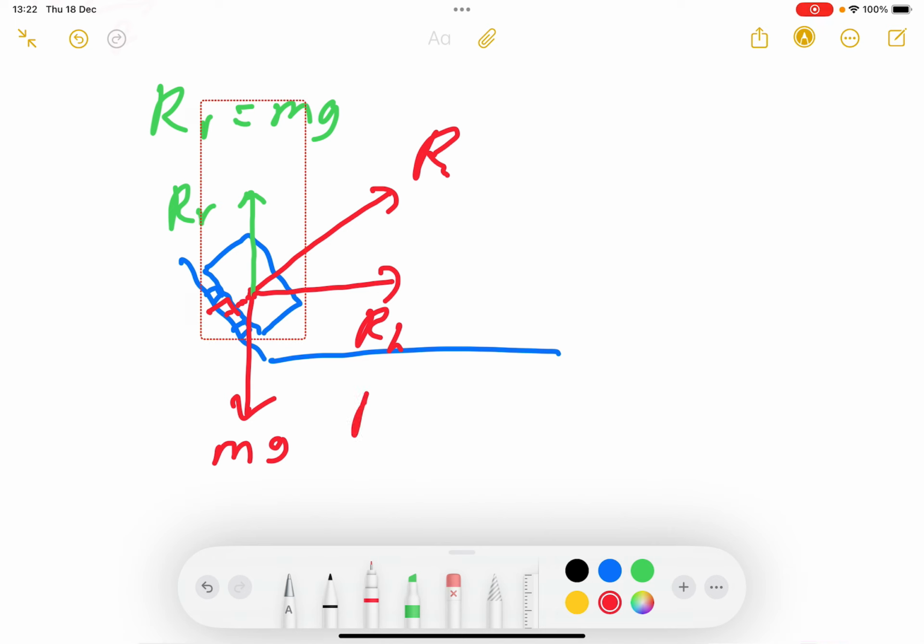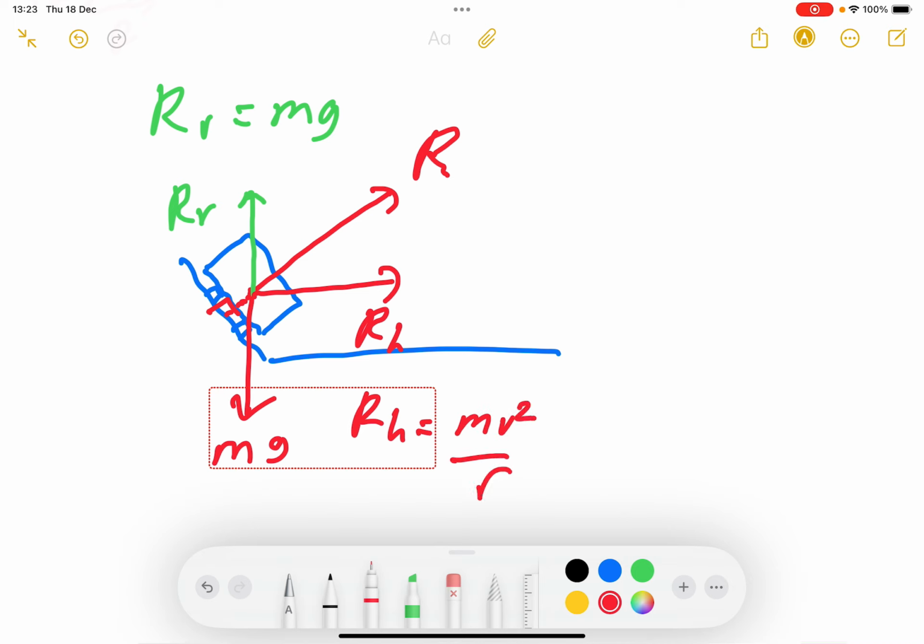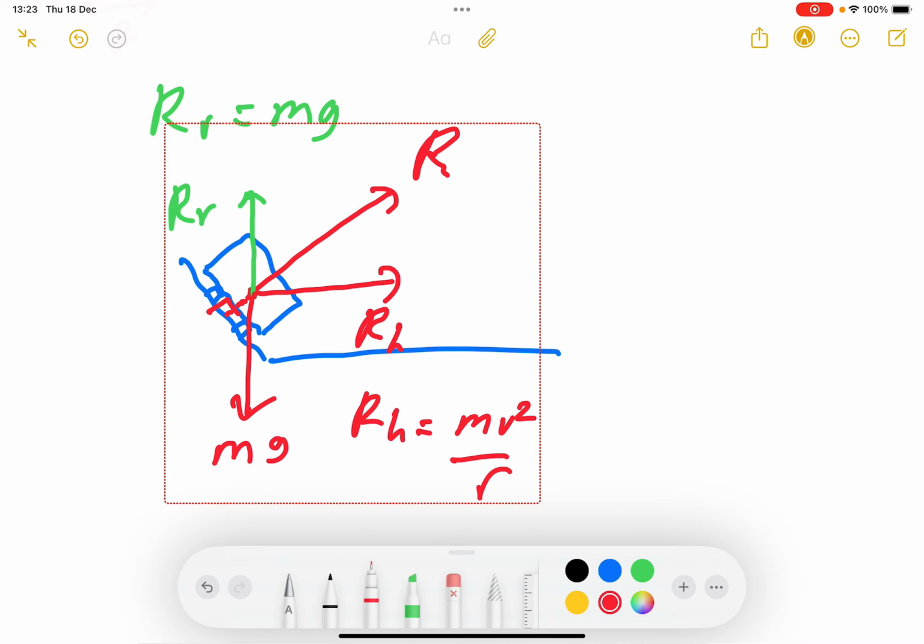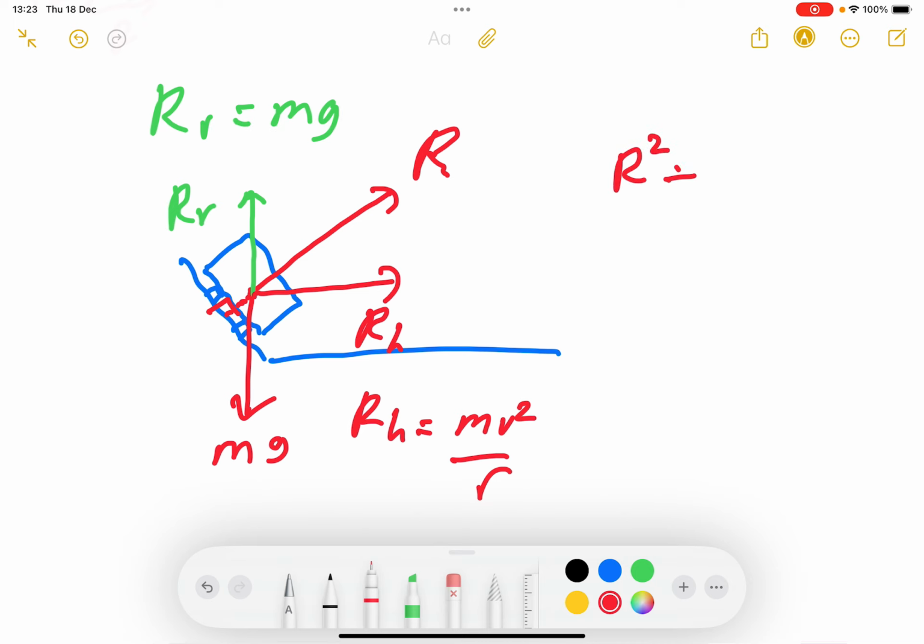That's what's driving us towards the centre of the circle. So RH equals mv squared over r. And because these are components, we can say R squared, by Pythagoras, equals RH squared plus RV squared.